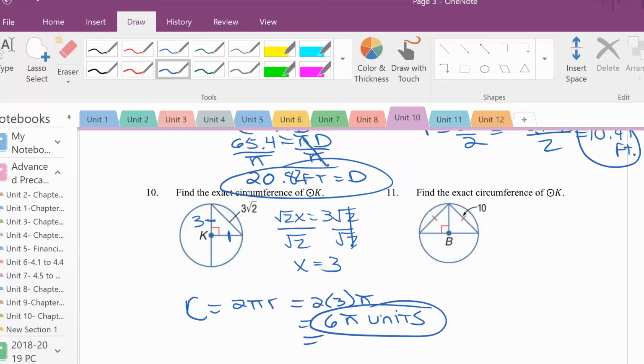So number 11, the exact circumference. So here you have an isosceles triangle. So this is 10. And notice that this would be a 90-degree angle, so it's also going to be 45 here.